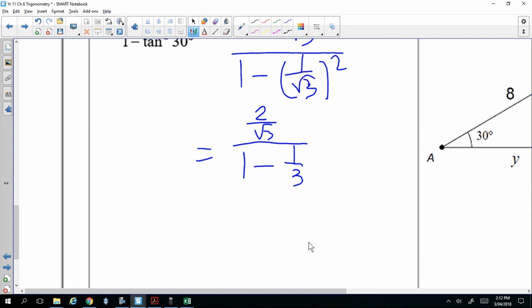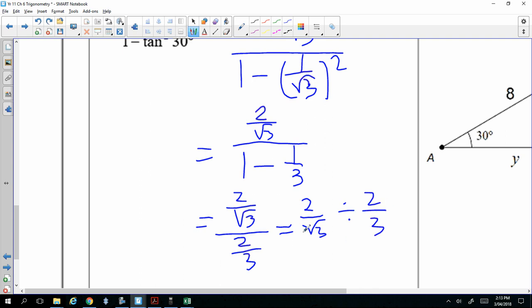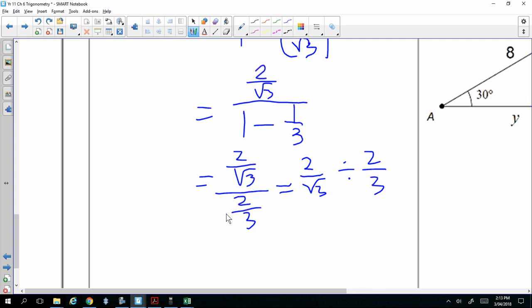That's equal to 2 over root 3 divided by 2 over 3, right? The numerator divided by the denominator. And when you divide, you multiply by the reciprocal. Yep, like that. And then the 2 gets cancelled. You get 3 over root 3. And of course, we need to rationalize.